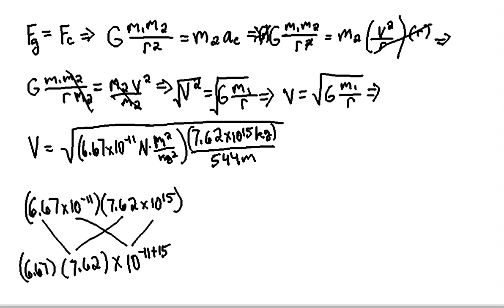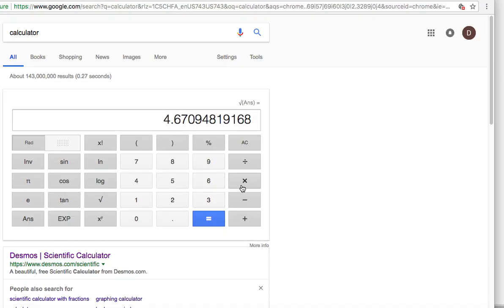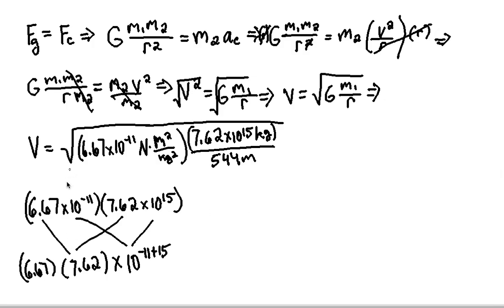So we can go to the calculator for this, 6.67 times 7.62 is 50.8254. Times 10 to the negative 11 plus 15 is 4.